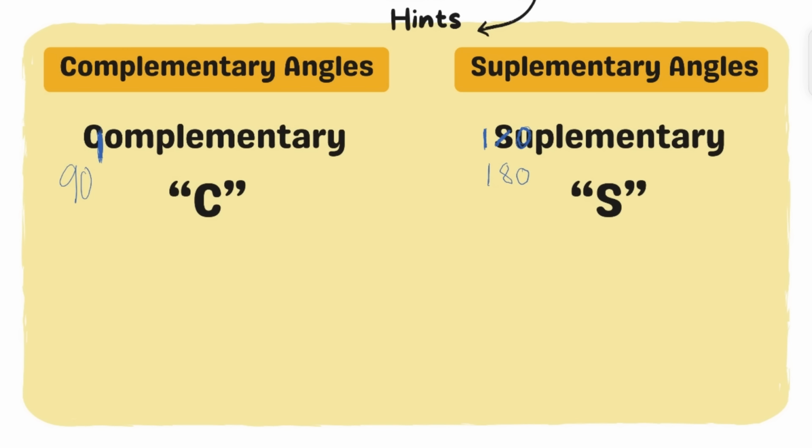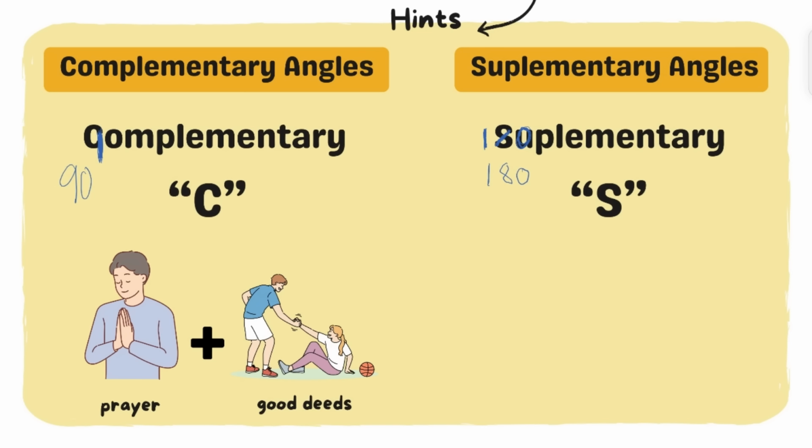Now, ang word na complementary and supplementary ay hindi lang ginagamit sa mathematics. Sa English, ginagamit din ito. Okay? So, to give you an example of how these are used in non-mathematical context, let me give you some examples. Okay. So, we can say that prayer plus good deeds, okay, ibig sabihin, they are complementary. They complement each other.